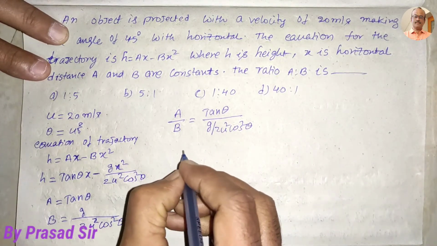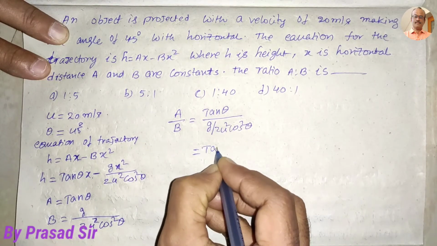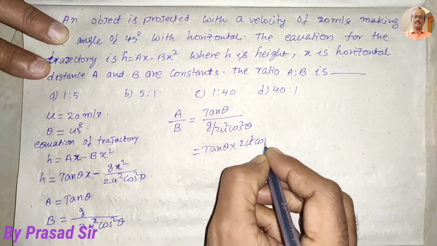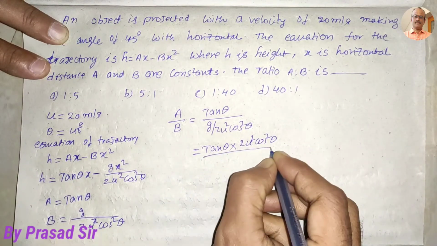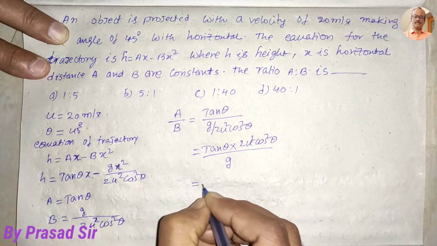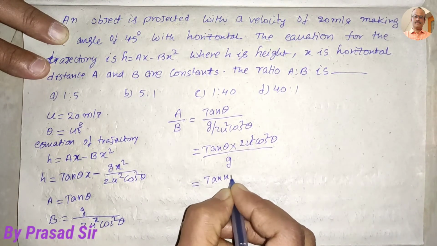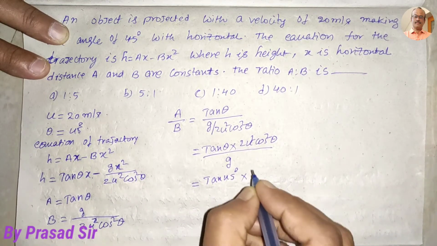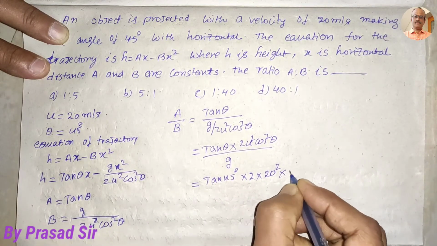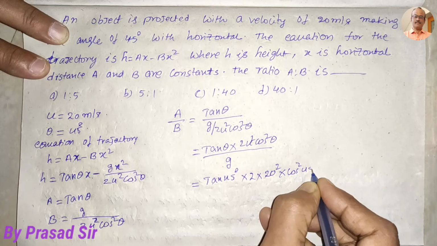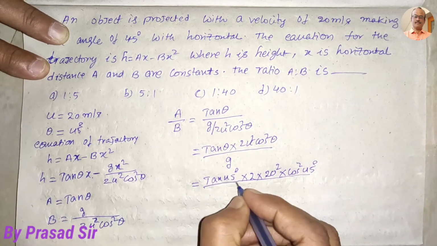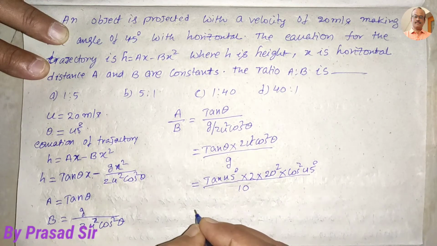By calculating this, tan theta into 2u² cos² theta divided by g. So tan 45 degrees into 2u², that is 20 squared, into cos² 45 degrees divided by g, which is 10.